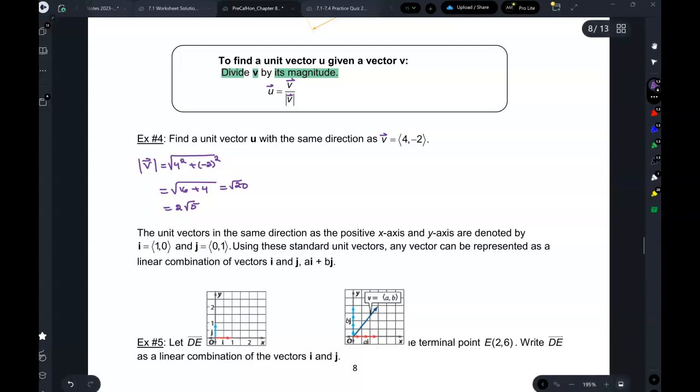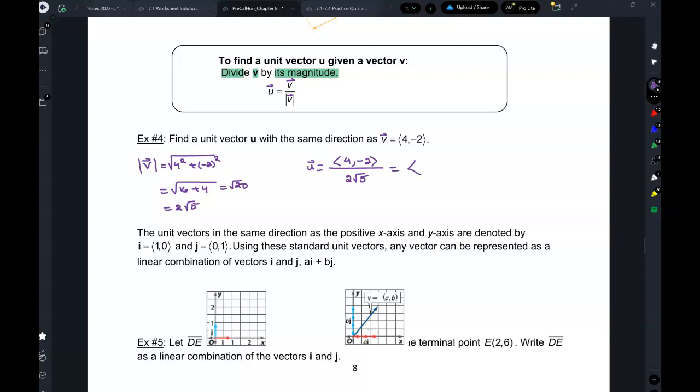Now, I want to find vector u. To do that, I'm basically going to take my vector v and divide it by this magnitude, 2 root 5. Remember, when you divide or multiply something by a scalar, you have to divide or multiply each component with it.